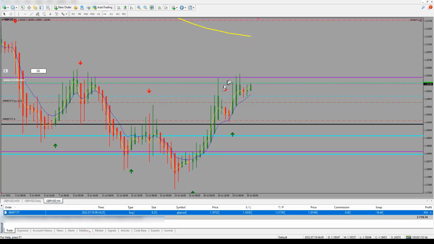Okay. So now today, our new high for today is 1.20196. You want to write that down.